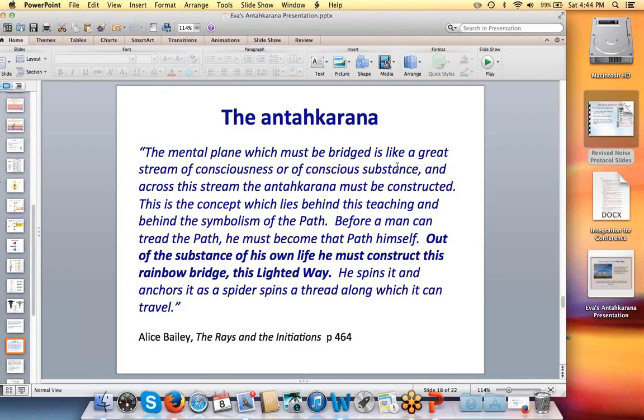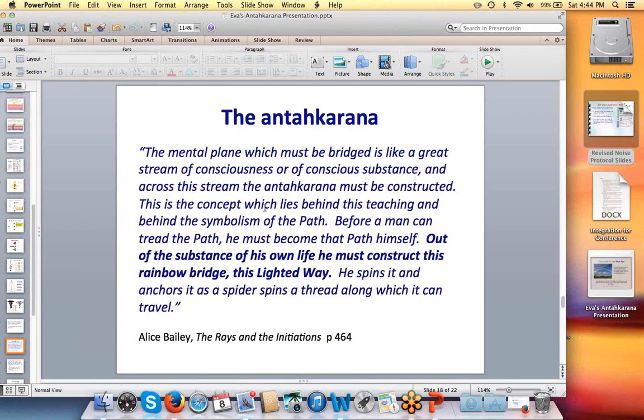We're talking about the lower concrete mind bridging from there to the soul, which is the son of mind, and from the son of mind eventually to the lowest point of the spiritual triad, which is manas. So that whole mental plane must be bridged. It's like a great stream of consciousness or conscious substance, and across this stream, the Antahkarana must be constructed.